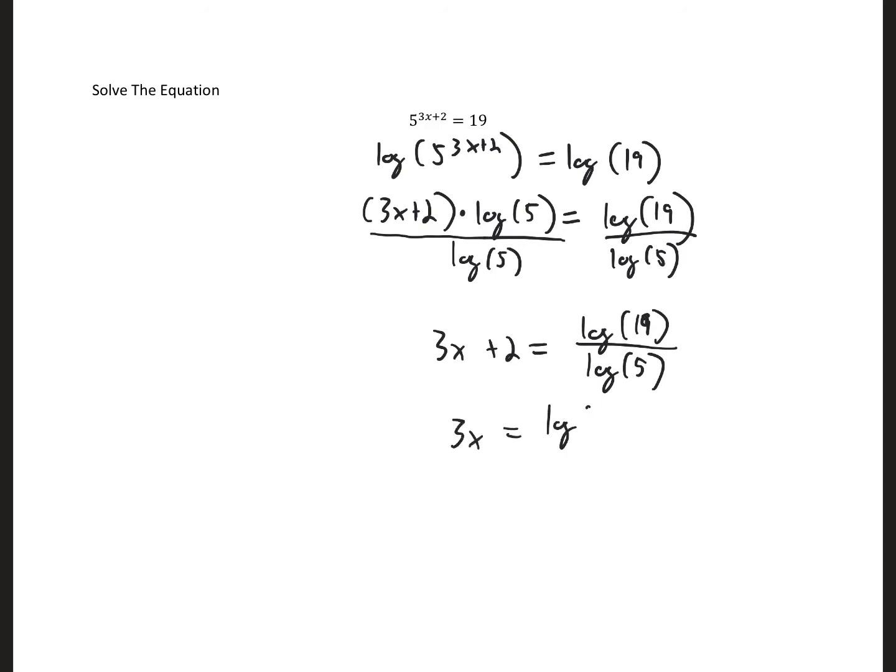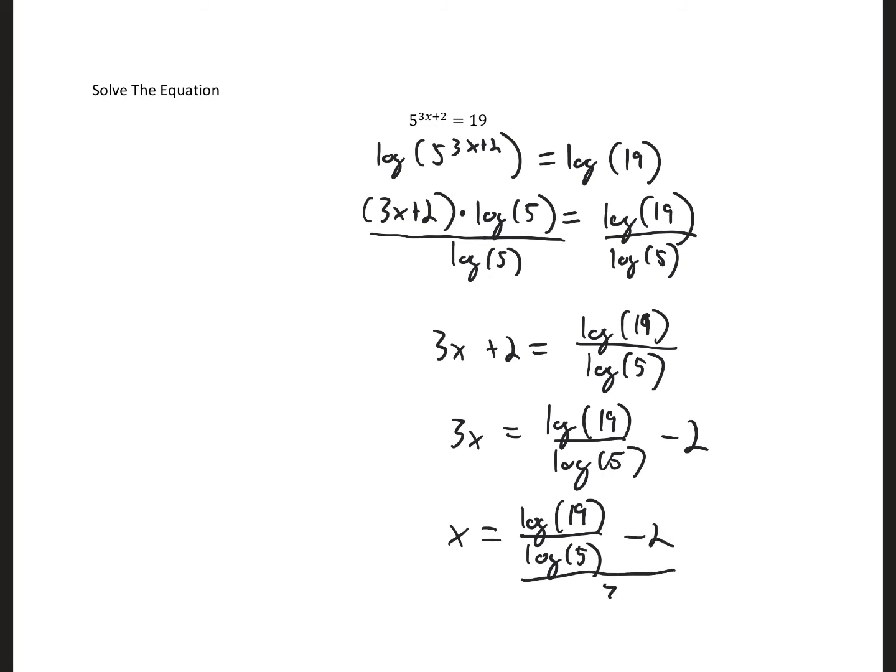So that's log 19 over log 5 minus 2. And then we're going to divide everything by 3. So this would be the exact value of x, log 19 over log 5 minus 2, divided by 3.